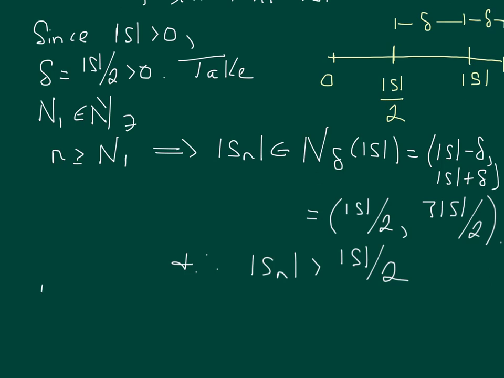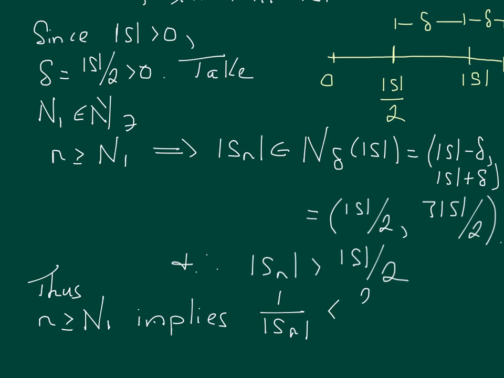So thus, if little n is greater than or equal to n sub 1, then 1 over the absolute value of S sub n is going to be less than 2 over the absolute value of S.